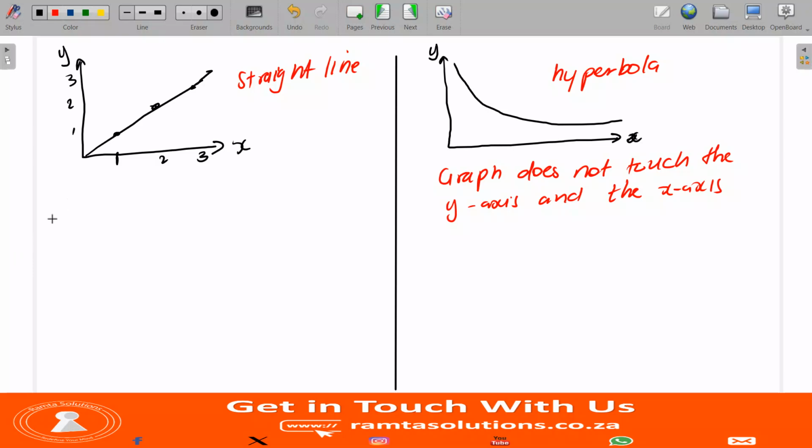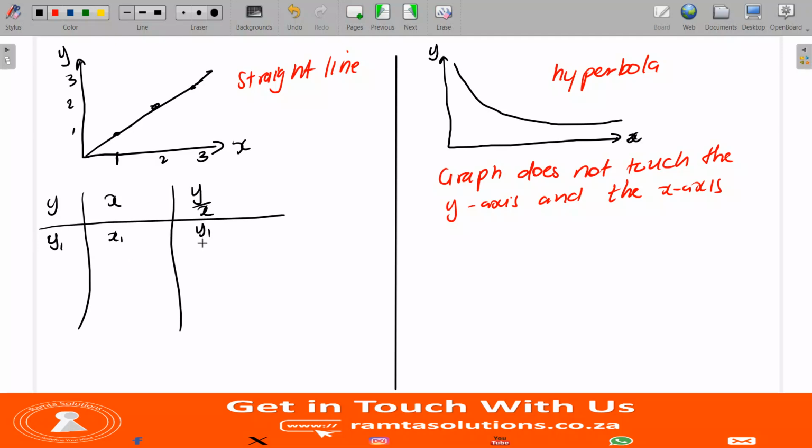So let's say we have the results here: y, x, and then y over x. Here we have y1, x1, and obviously this will be y1 over x1, which becomes k1.